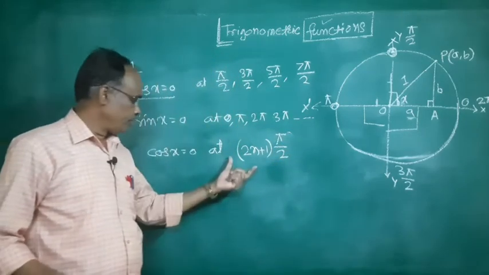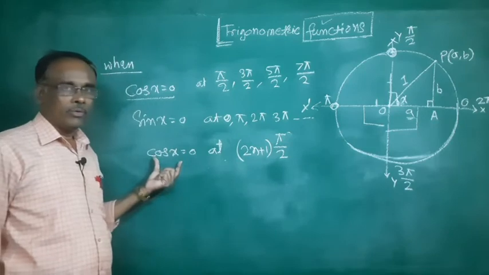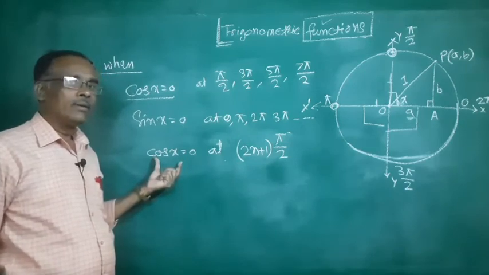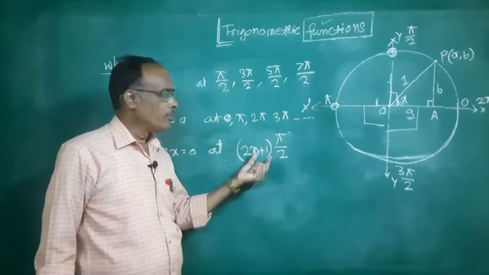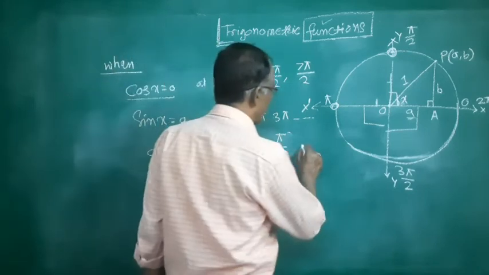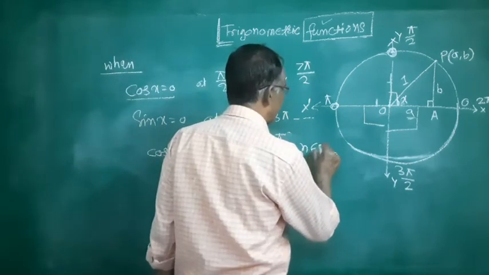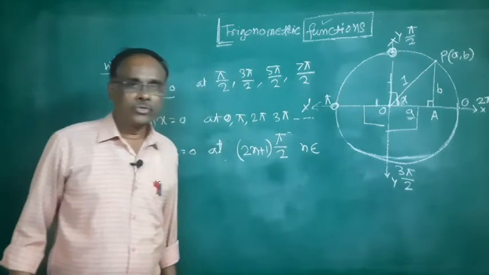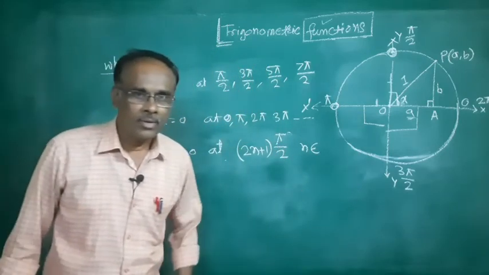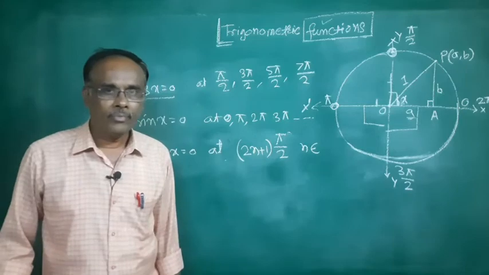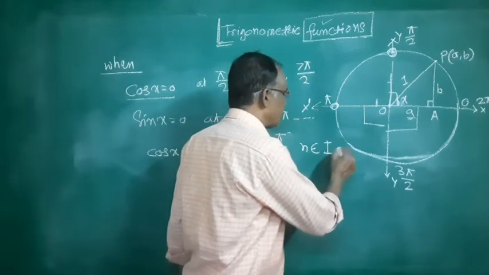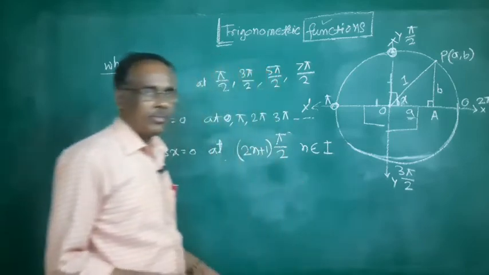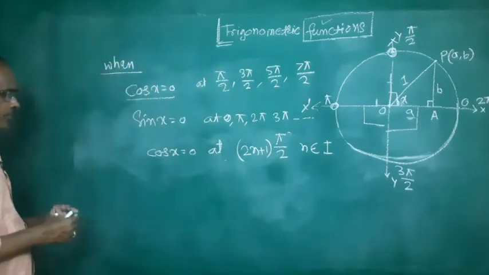Cos x equals 0 when x is (2n plus 1) pi by 2, n belongs to integers.